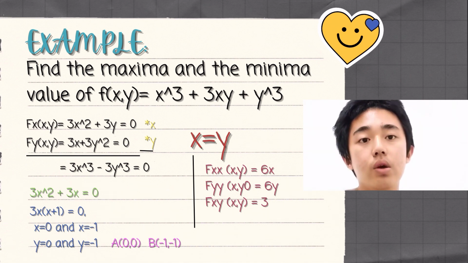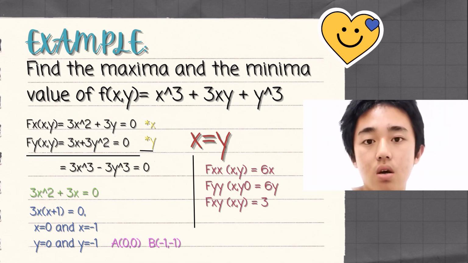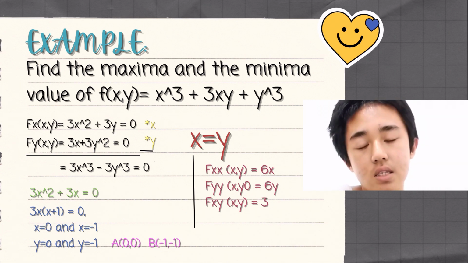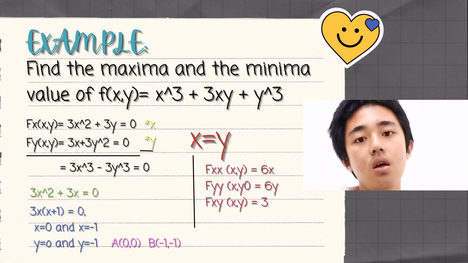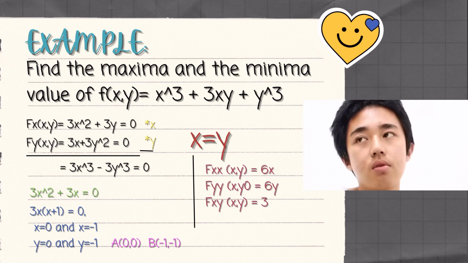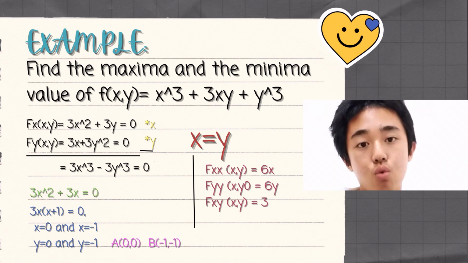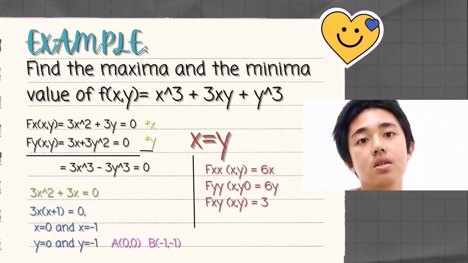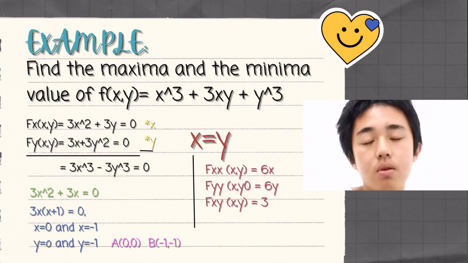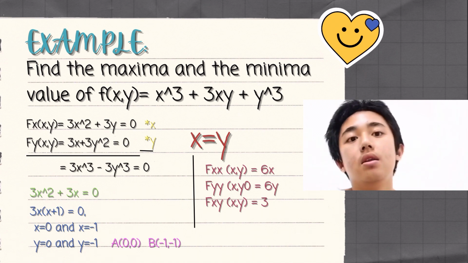And then we can subtract them by multiplying them equally, so fx times x, and fy times y. So 3x squared plus 3y equals 0. We times with x, so it is 3x cubed plus 3xy, and then the fy we times with y, so it is 3xy plus 3y cubed equals 0.